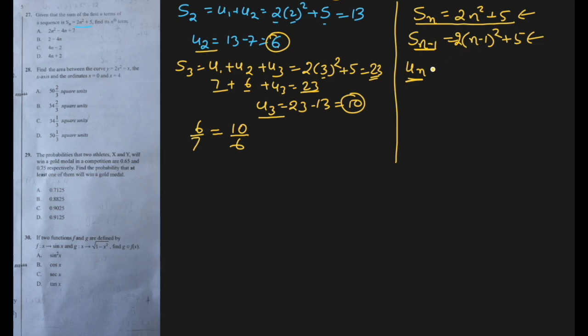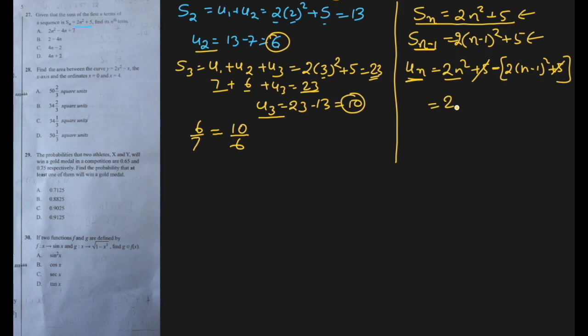So 2n square plus 5 minus [2(n minus 1) square plus 5]. Right? Minus will make this 5 as negative 5. So that means this 5 and this 5 will cancel. We just focus on these.